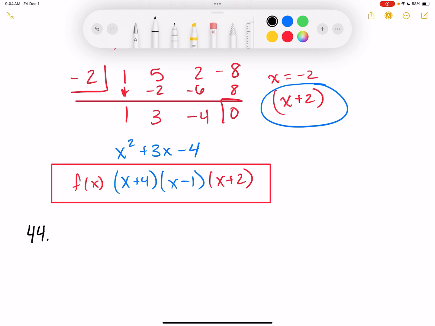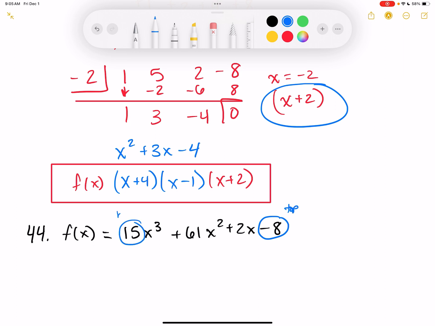F of x equals 15x cubed plus 61x squared plus 2x minus 8. So it's always constant term on top, leading coefficient on the bottom, and then we're going to be factoring it.